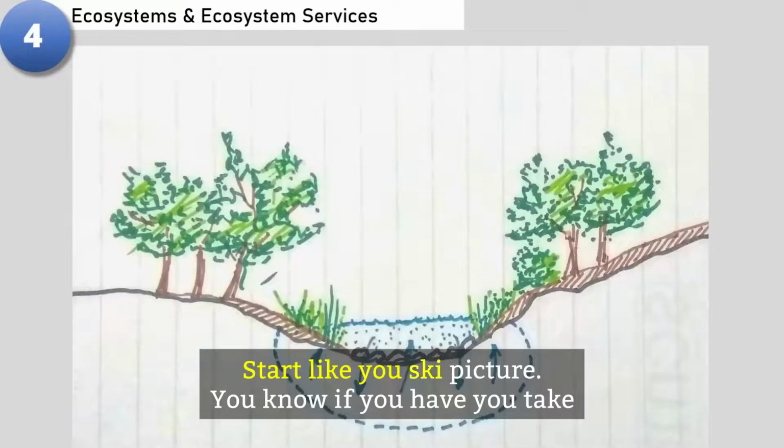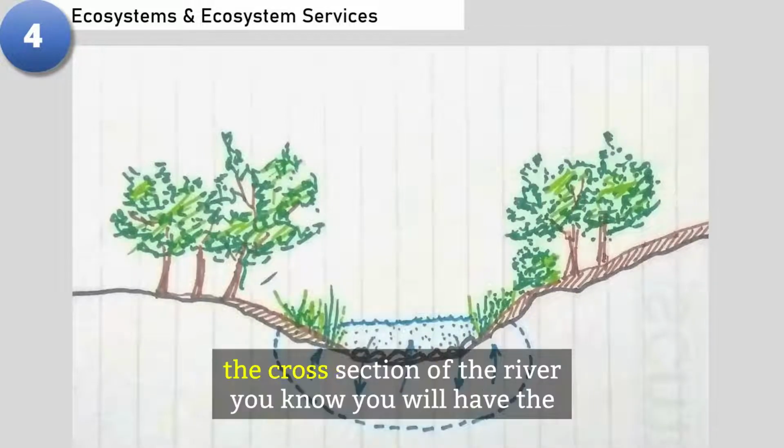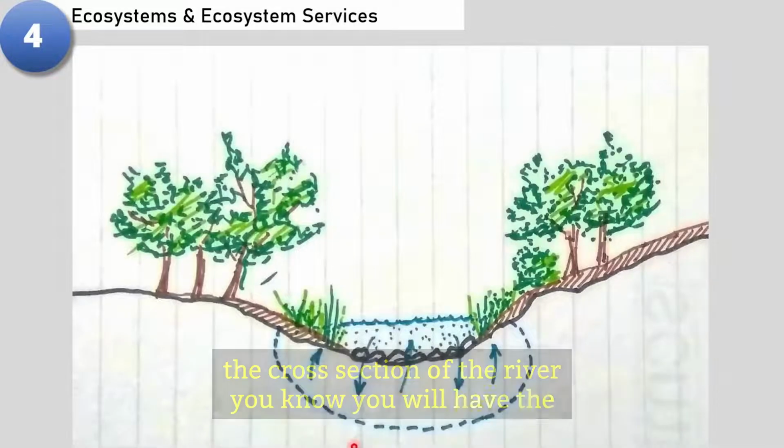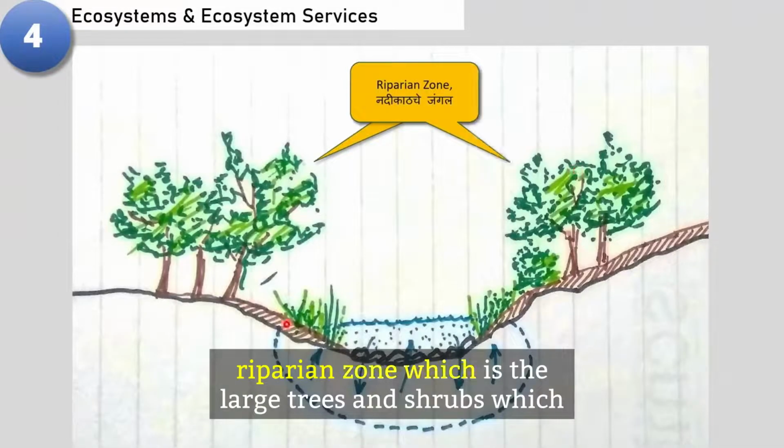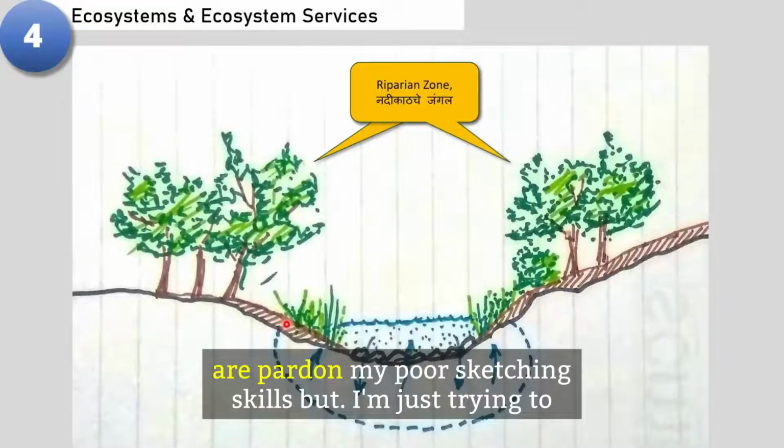So yeah, like you see in this picture, if you take the cross section of the river, you'll have the riparian zone, which is the large trees and the shrubs, pardon my poor sketching skills, but I'm just trying to show you this.